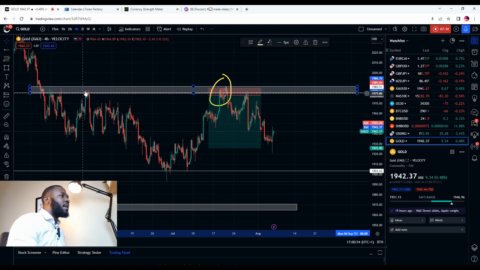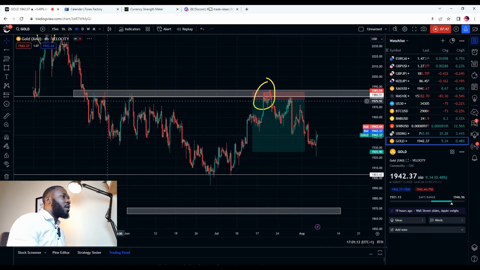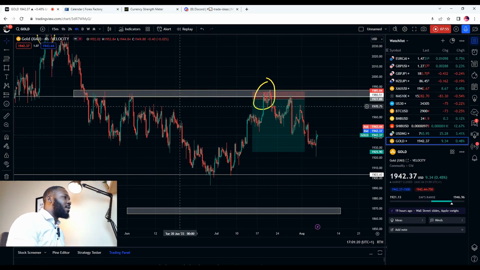If you're selling right here and the market is pulling up, you can see that it got to this place and it went up a little before going down. It made a wick. So that wick can actually haunt your stop loss very well. It happens most of the time. If you're using just a horizontal line to get your support and resistance, you will mostly be out of the market before the market starts going to your profit zone.